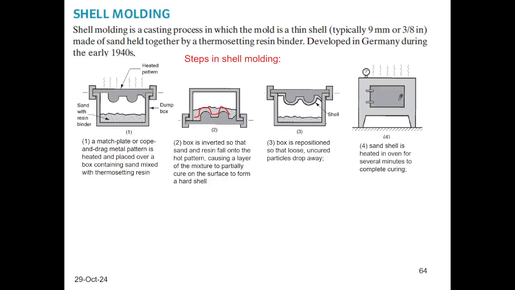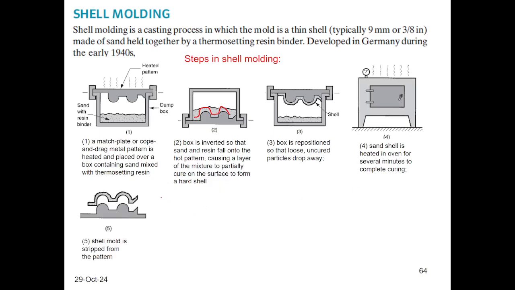And then, to complete the curing stage and make the shell stronger, we put the pattern together with the shell into an oven, into a furnace, and heat it up for a few minutes to complete the curing stage.